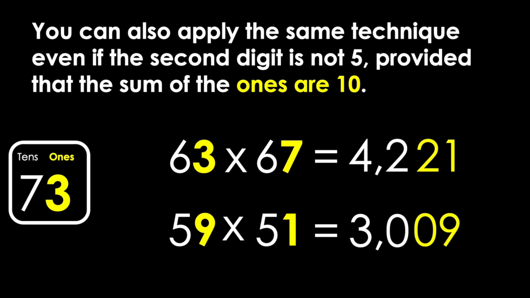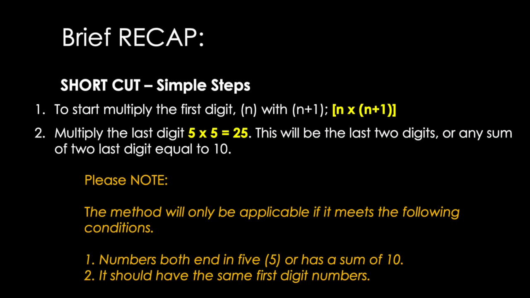Once you recognize that it falls in the condition, you can apply the same technique or method. Okay, so let's have a brief recap. A shortcut with those simple steps. Once we recognize that it falls in the first criteria, we start by multiplying the first digit n with the next one, which is n plus 1.